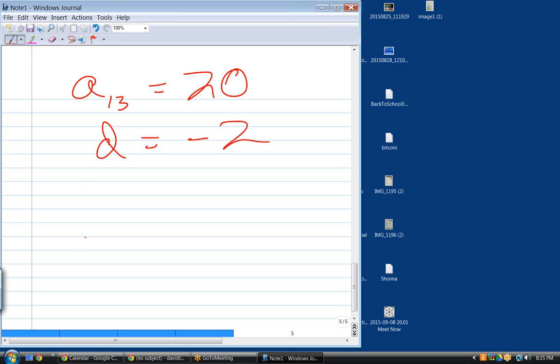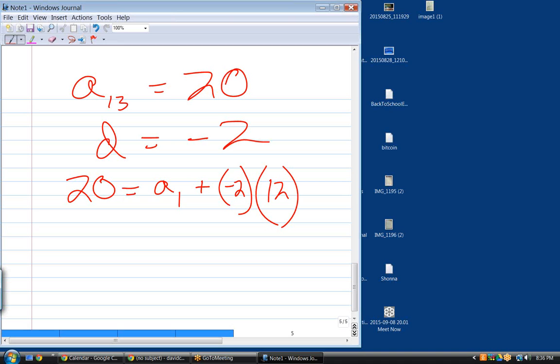So if the 13th term is 20, I can say the general rule, right? And I can replace this with 20. Now we can figure out a sub 1. Wait, why can we replace? Because they told us the 13th term was 20.